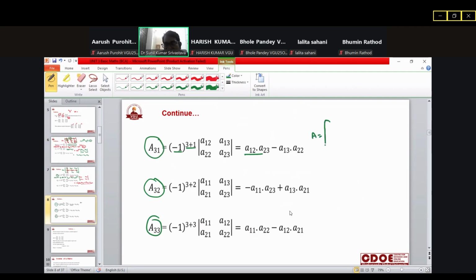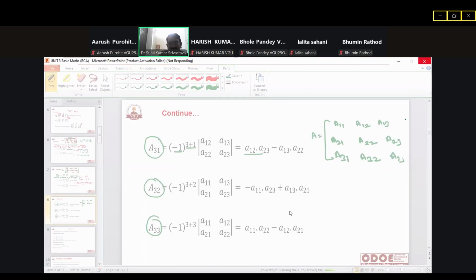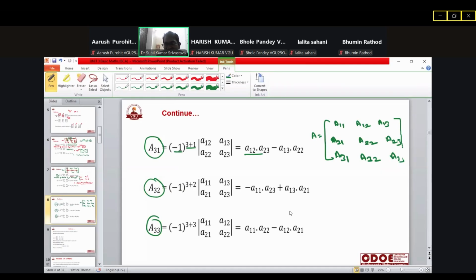Suppose you find the cofactors matrix of this one, that is denoted by A11, A12, A13, A21, A22, A23, A31, A32, and A33. This is the cofactors matrix formed by the cofactors of each element.